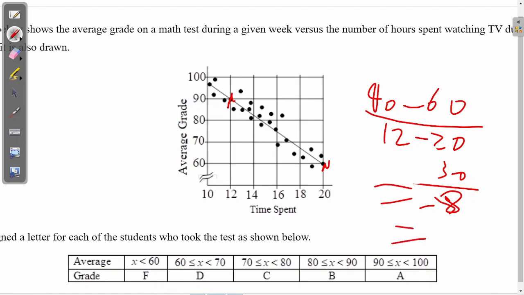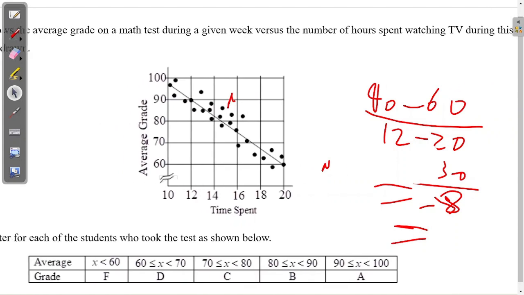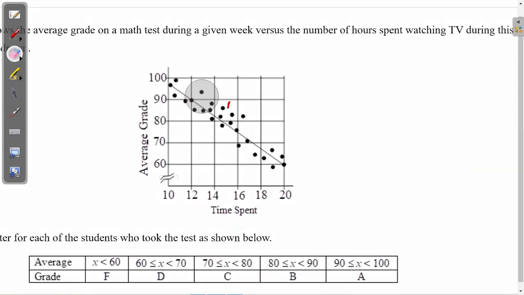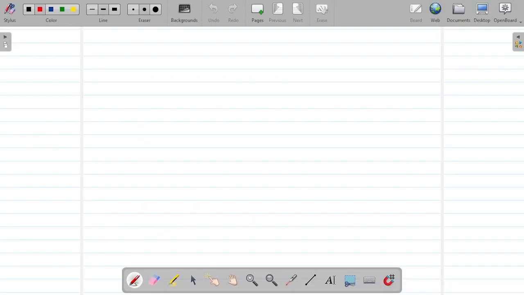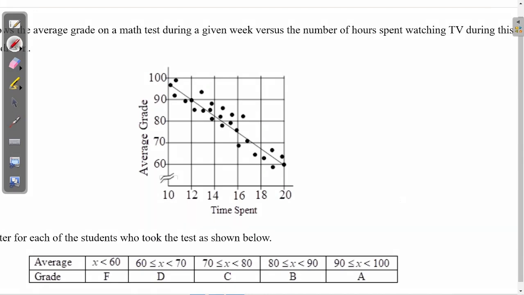So I'll just keep it a fraction. Y equals negative 30 over 8 x plus b. Now to find b, substitute with a point.